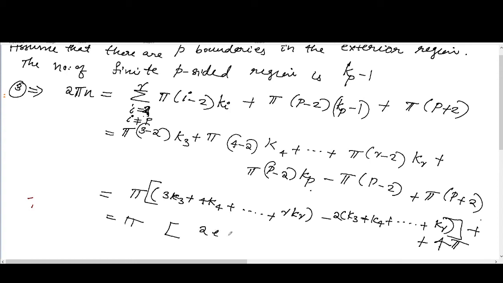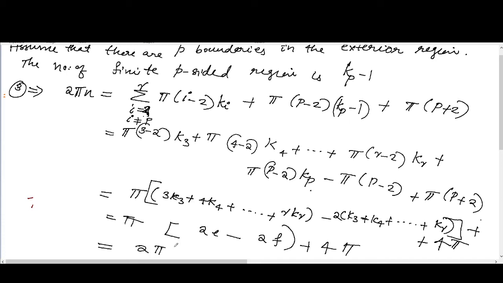So 2e minus, now here we have 2 into k3 plus k4 plus etc. plus kr. That represents our f, that means 2f. Then plus 4 pi. Okay. So that is equal to, here 2 is common.